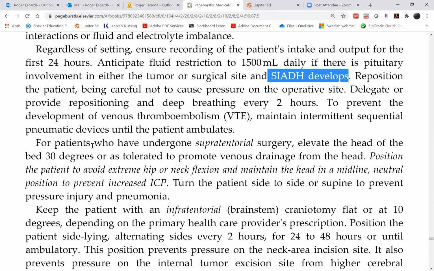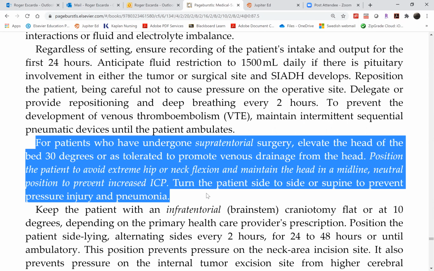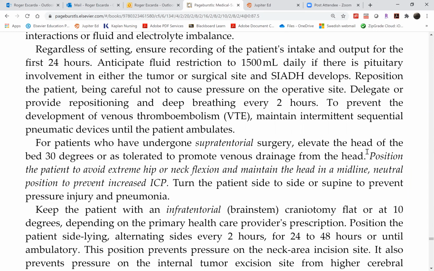Now, as far as post-op care, it really depends on where the surgical site is. So if the surgery involves supratentorial, meaning this is now above, the upper half of the brain, that's the supratentorium, post-op positioning will be elevating the head of the bed.